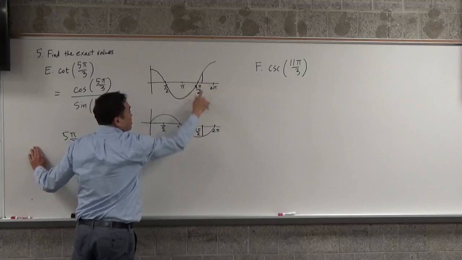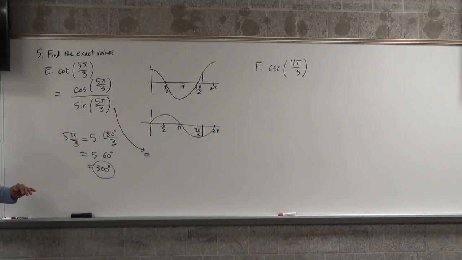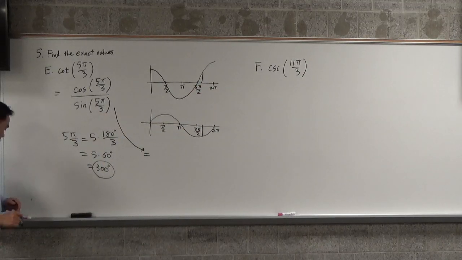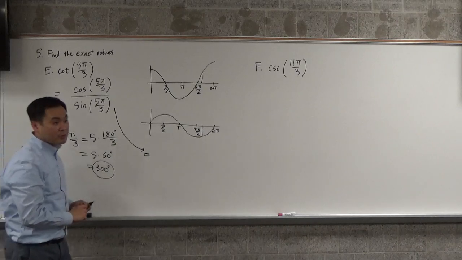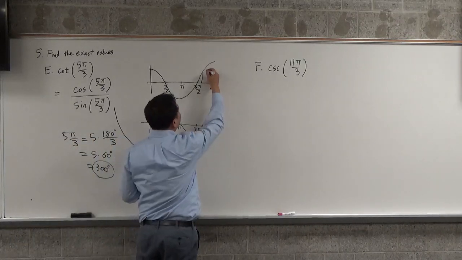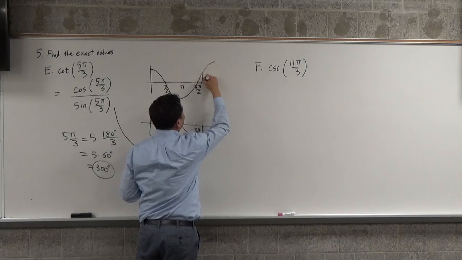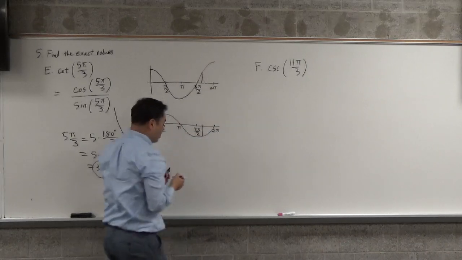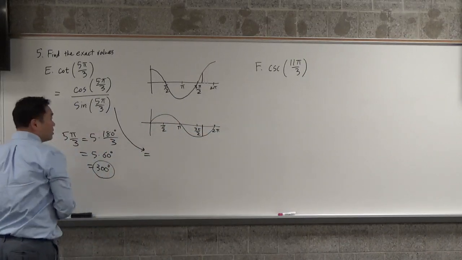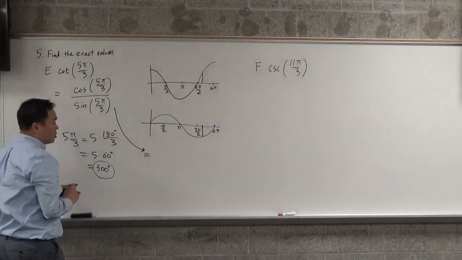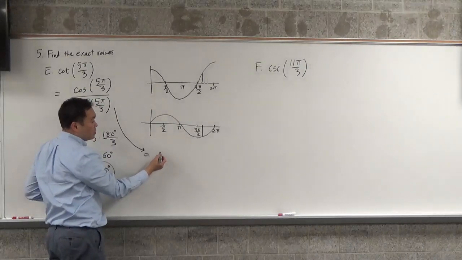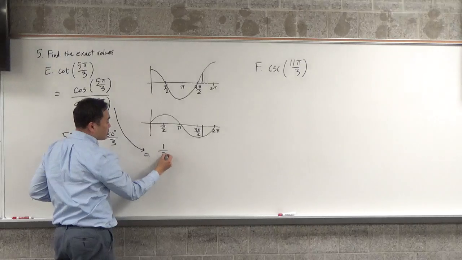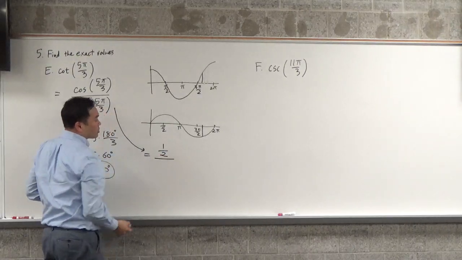First, the cosine. What's the value of the cosine? Compared to the other two, what do we see? It's small. So what's the value? Positive 1 over 2.